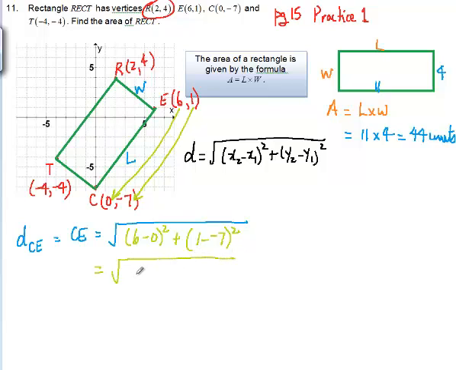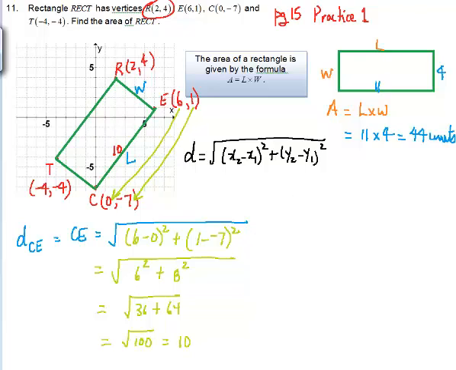So this turns into 6 squared, plus 1 plus 7, which is of course 8 squared, giving us a total of 36 plus 64. So the length of CE is the square root of 100, which we know is 10. So we just calculated that length to be 10 units.